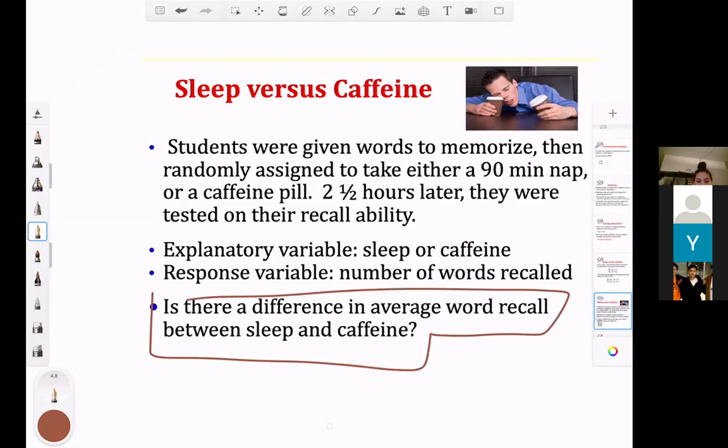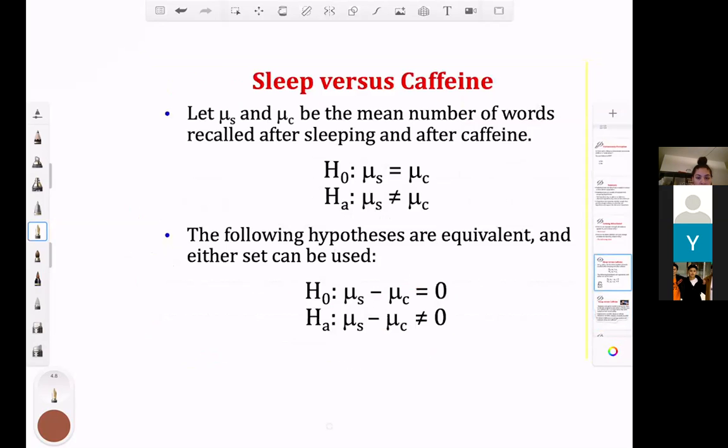So how do we write this in a statistical way? It will be like this. We're going to say the null hypothesis will be that the average number of words recalled after sleep is equal to the mean after caffeine, but the alternative will be that they are not equal.